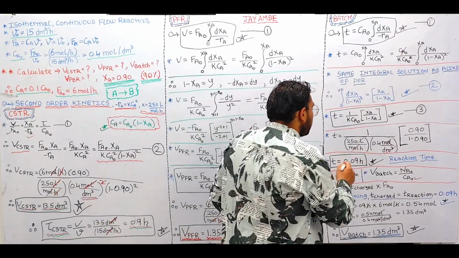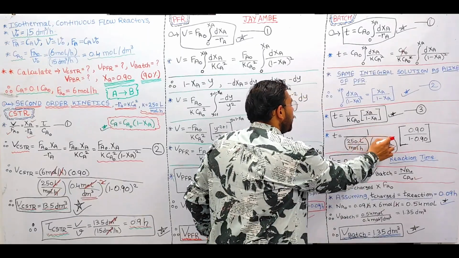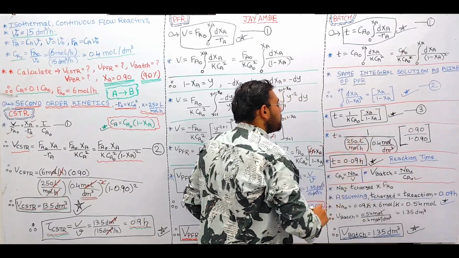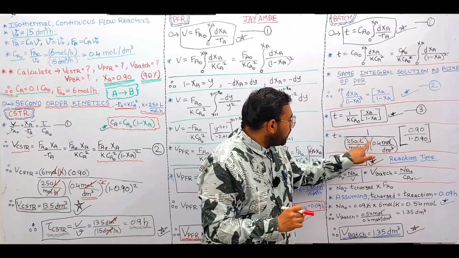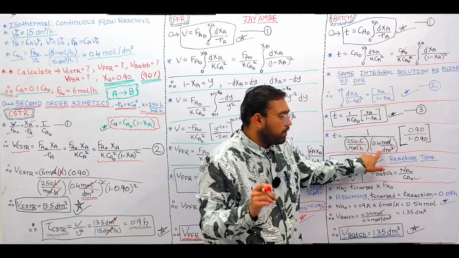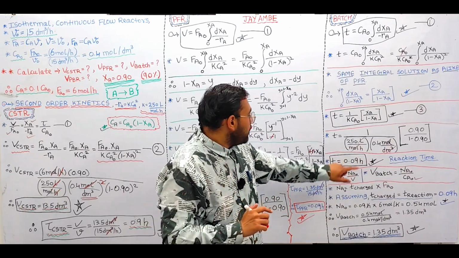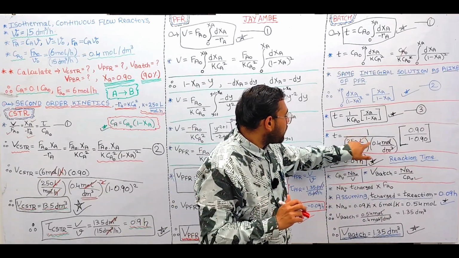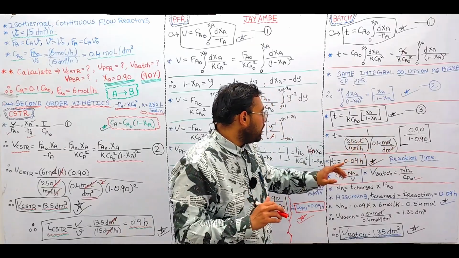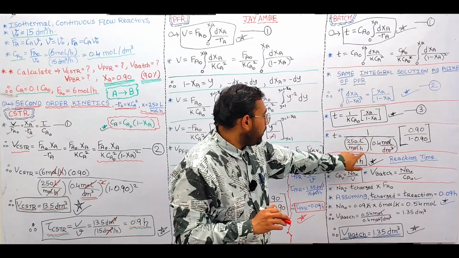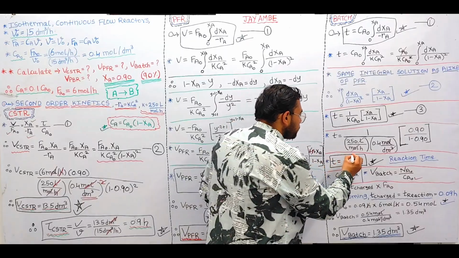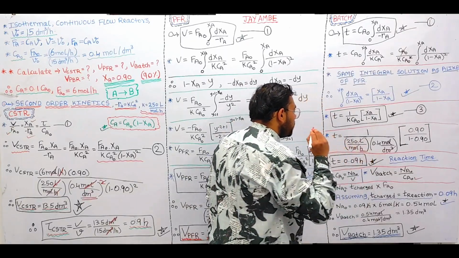From the numerator and denominator, moles will get cancelled off, and we have liter in the numerator and cubic decimeter in the denominator. 1 liter is equal to 1 cubic decimeter, so the liter will get cancelled with the cubic decimeter. Finally we'll remain with the hour. I hope you understood.